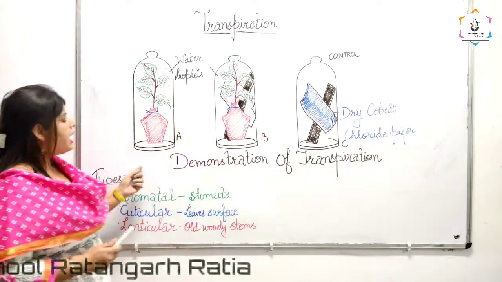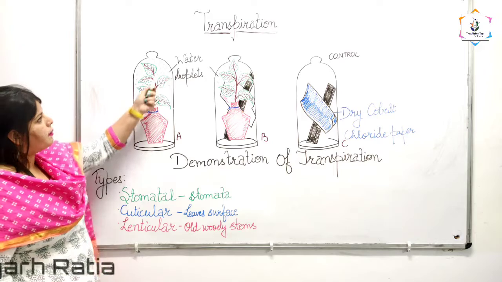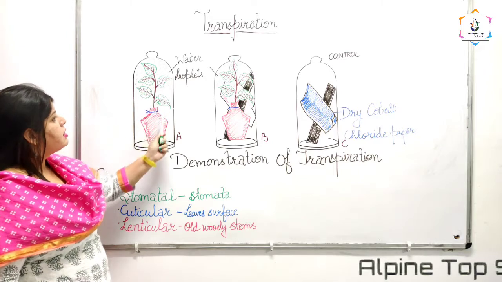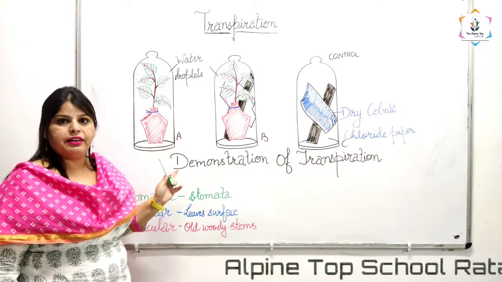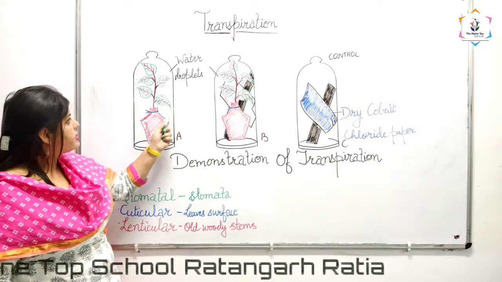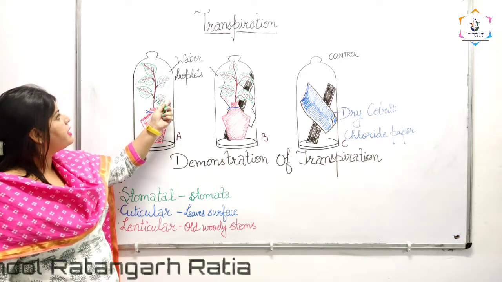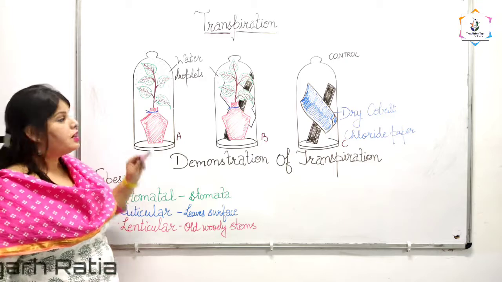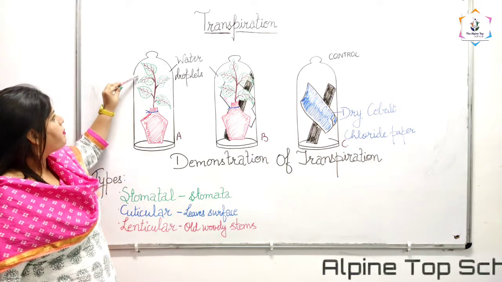So in the first one, after half an hour, you can see the droplets are there. That means the transpiration process occurred here. Visibly we can see that transpiration happened because of these small water vapors.